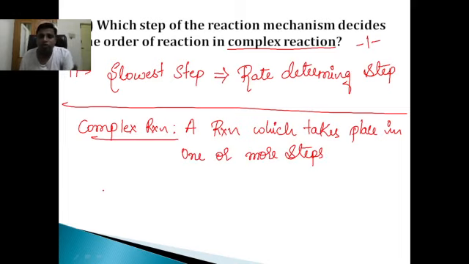Out of these steps, some steps are slow and the other steps are fast. We write the rate of the reaction using the slowest step. When we write the rate of the reaction, we can define the order of the reaction, isn't it? So therefore, the slowest step is called the rate determining step. 1 mark, that's it. You have to write this slowest step.